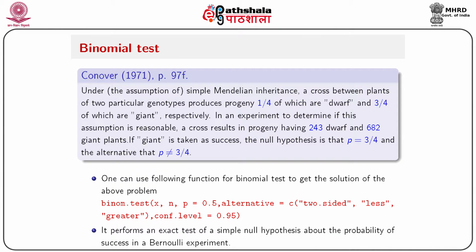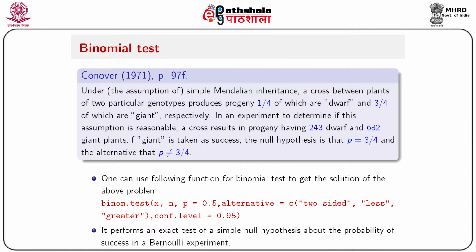In an experiment to determine if this assumption is reasonable, a cross resulted in progeny having 243 dwarf and 682 giant plants. If giant is taken as success, the null hypothesis is P equals 3/4 and the alternative is P not equal to 3/4. One can use the following function for the binomial test to get the solution of the above problem.